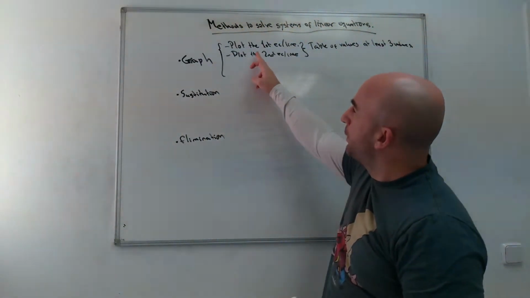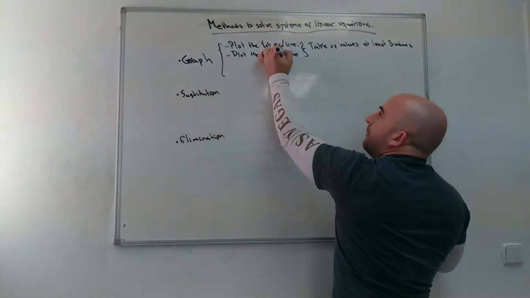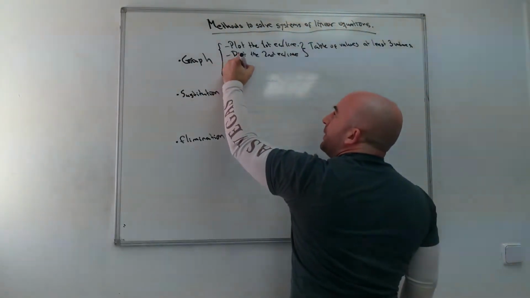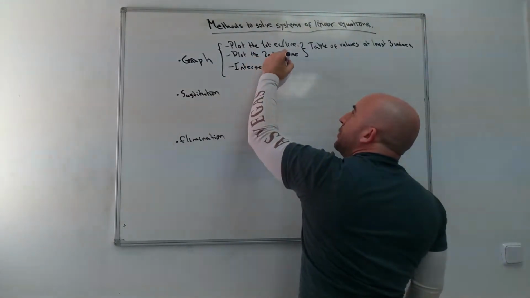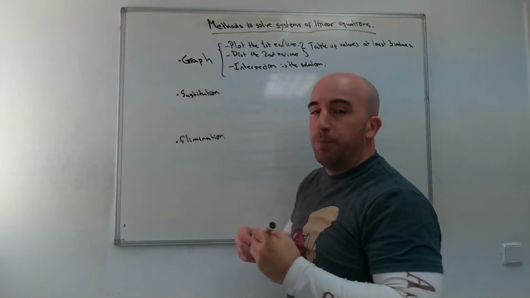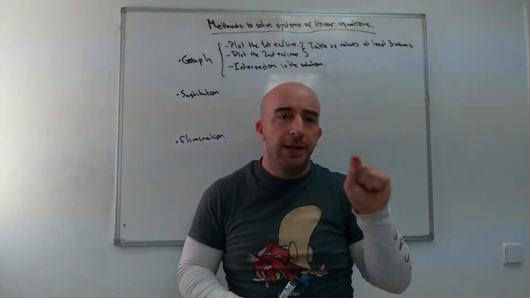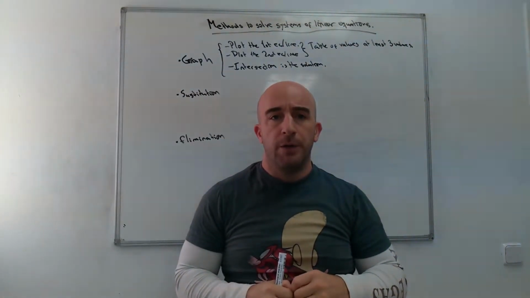So plot the first equation on the graph, plot the second equation, and the point of intersection is the solution. You draw the first line, draw the second line, and the x and the y for that point is the solution of the system of linear equations.